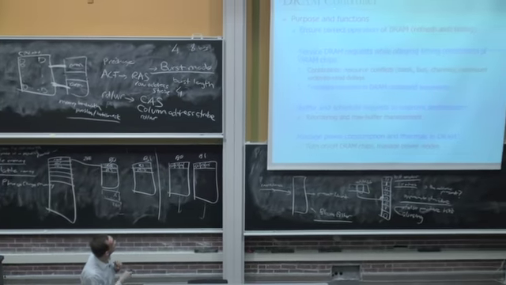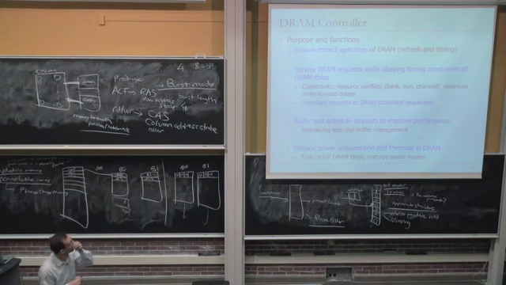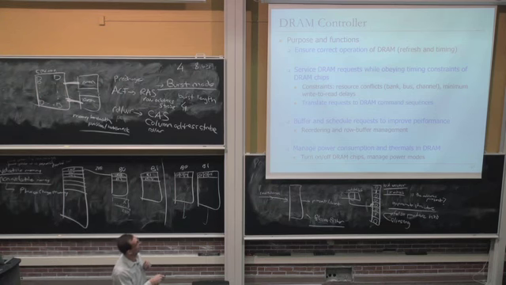Okay, so the DRAM controller. Hopefully you have a glimpse of what the DRAM controller does by now. First and foremost, it needs to ensure correct operation of DRAM, both in terms of refresh and in terms of obeying these timing constraints.